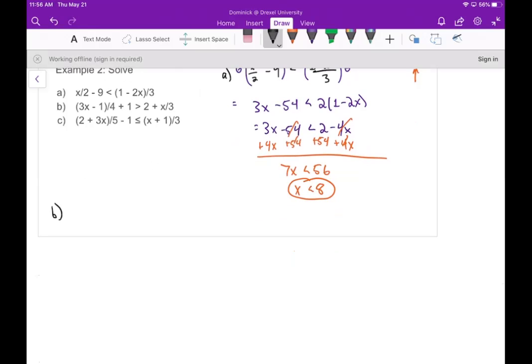Okay, part B, we have 3x minus 1 over 4 plus 1 is less than 2 plus x over 3. So here, I have a 3 and a 4, so the LCD is 12. So we're going to multiply both sides by 12.